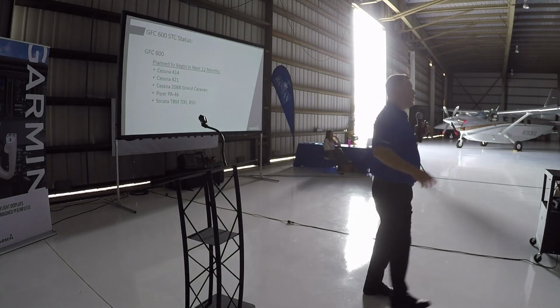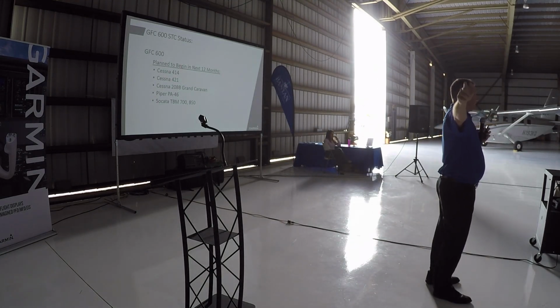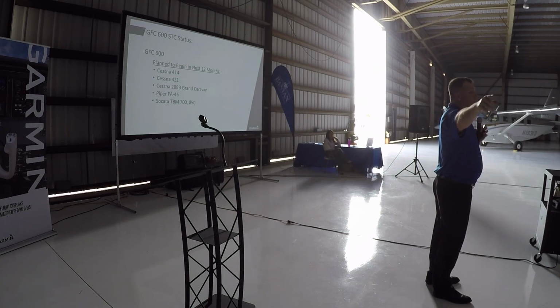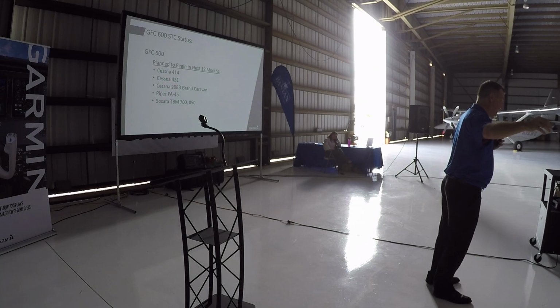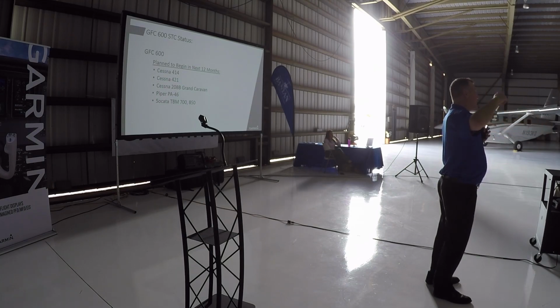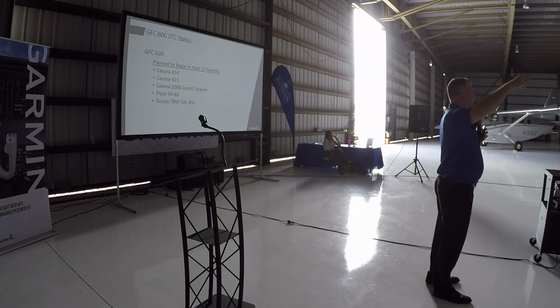Right now we're going to talk about the TXi with the engine indication system right on the PFD. Currently we can do 4- or 6-cylinder Lycoming or Continental single or twin engine piston aircraft. By this time next year, we're going to have our first retrofit turbine aircraft EIS for the TXi display.